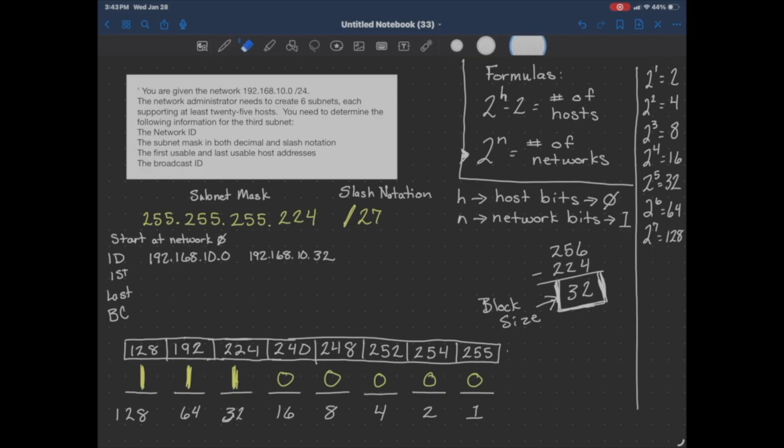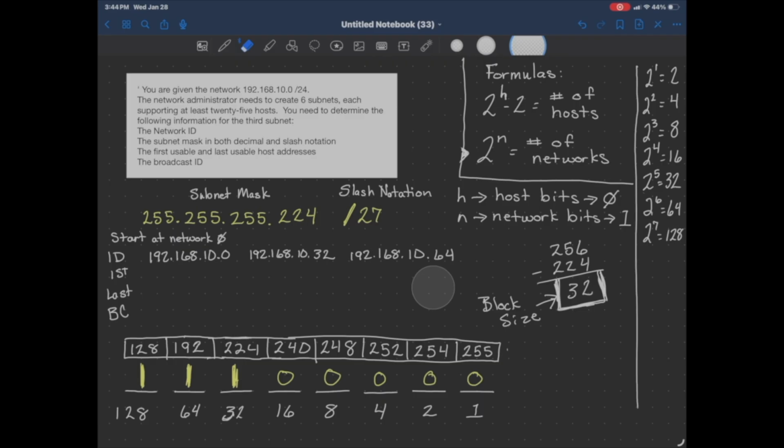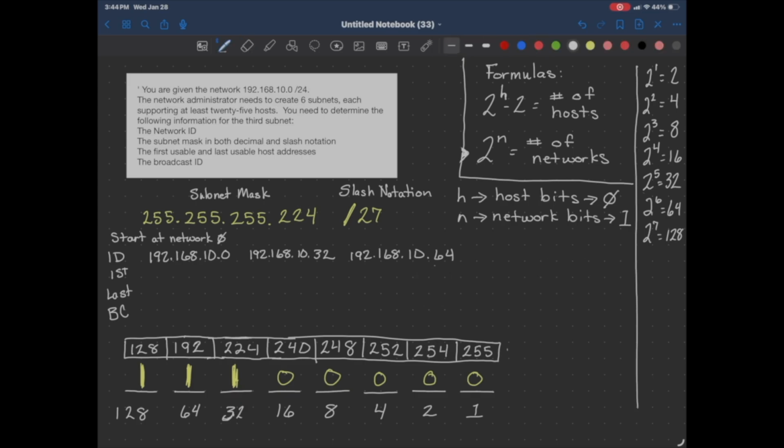So the third network ID is 192.168.10.64. What we really want to do is calculate just past the third network ID, because we also need to know the broadcast for this network. So we'll go one more, and that gives us 192.168.10.96 for the fourth network.